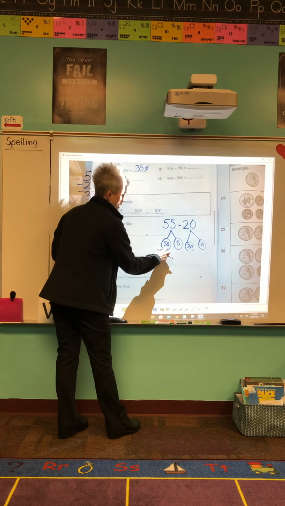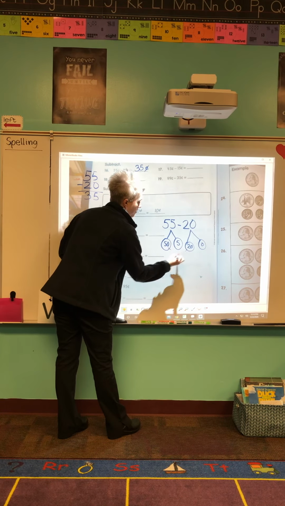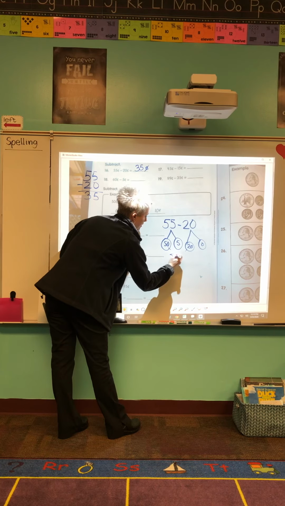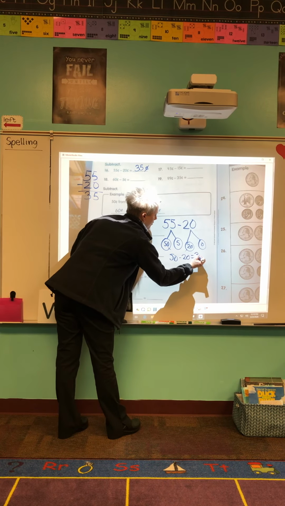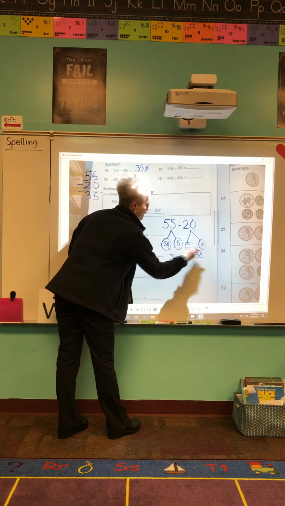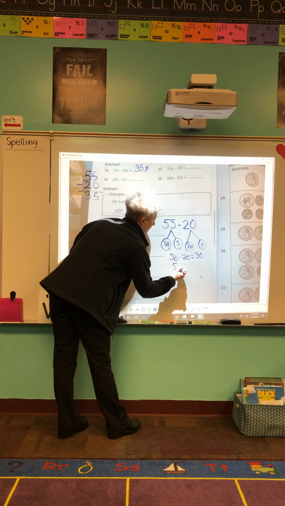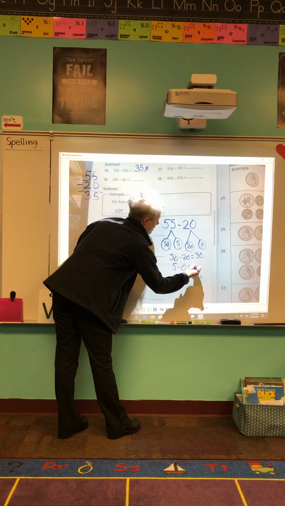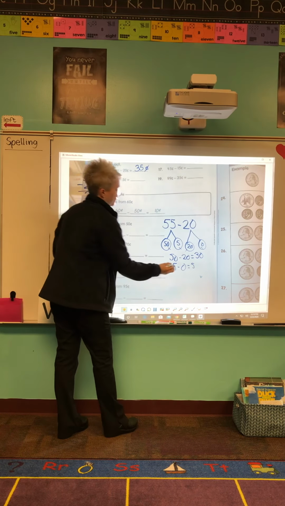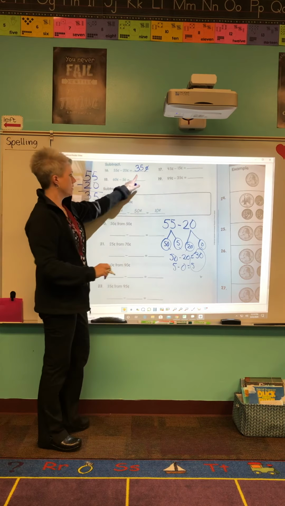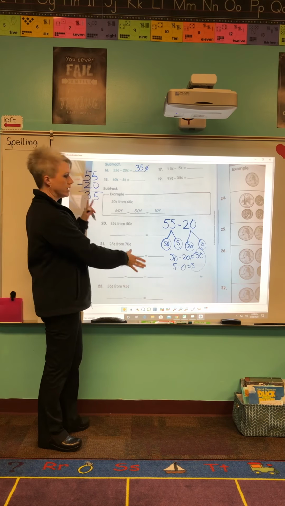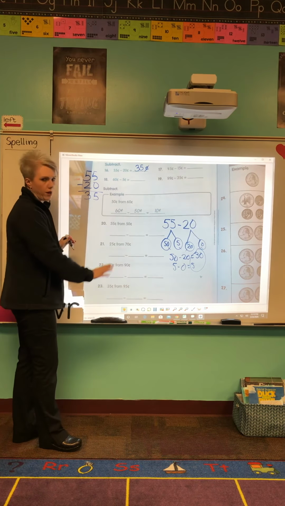Okay, then you take your first 2, subtract 50 minus 20, which is 30. Then take your second 2, 5 minus 0 is 5. Now you add these two together. 30 plus 5 more is 35. Whichever way is easier for you is the way you can do it.